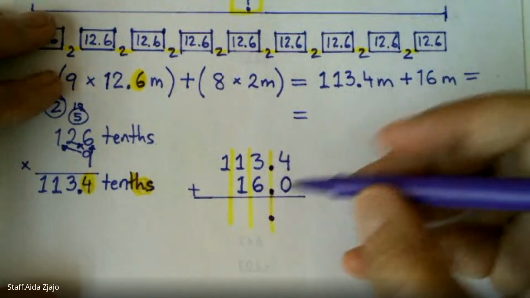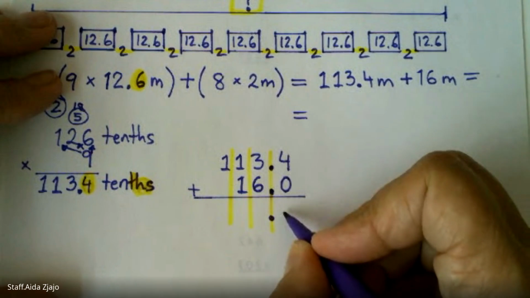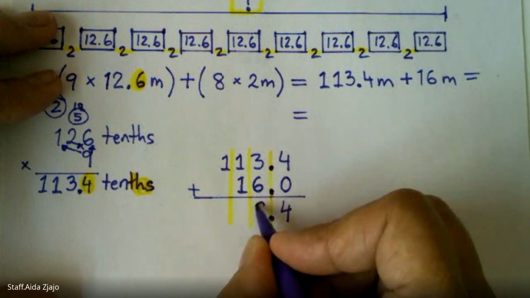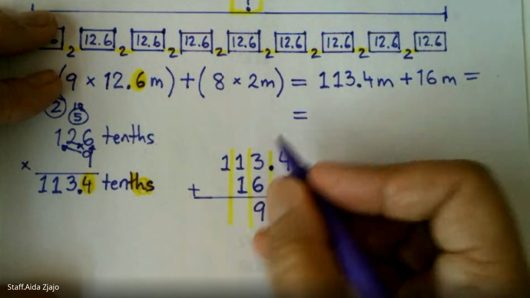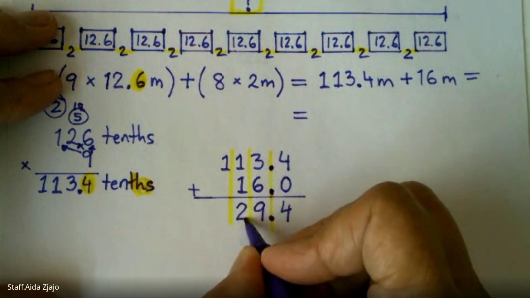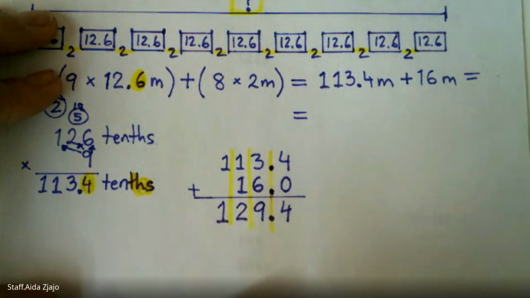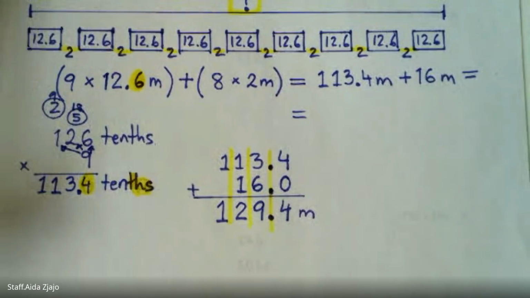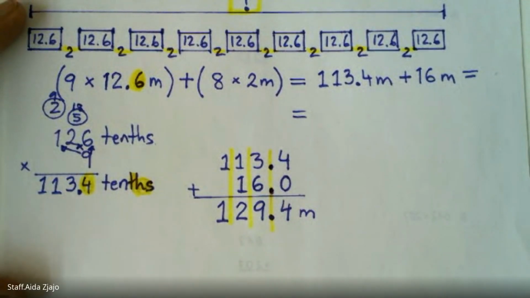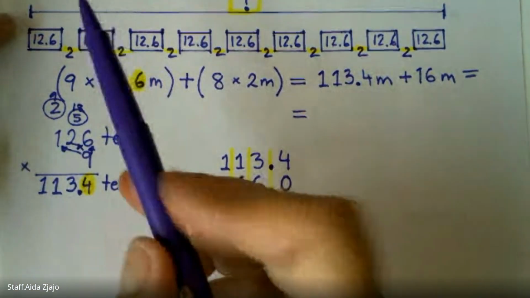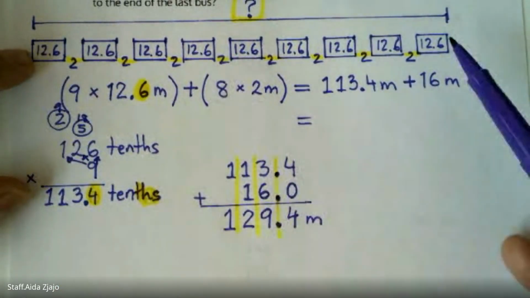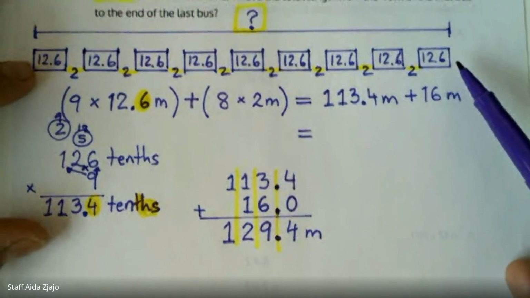So 16 wholes, and 4 tenths plus 0 tenths is 4 tenths. 3 plus 6 is 9 whole meters, 2 tens and 1 hundred. So that is 129.4 meters, how long it is from the beginning of the first bus to the end of the ninth bus.